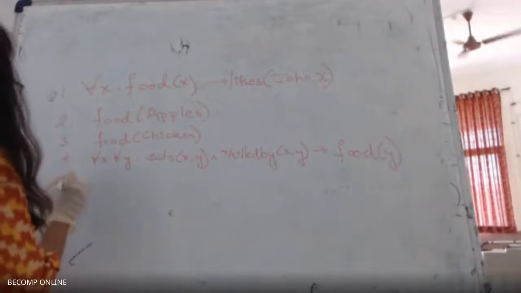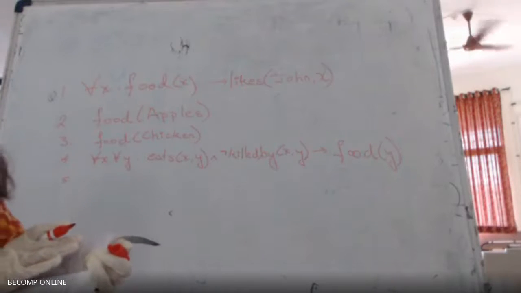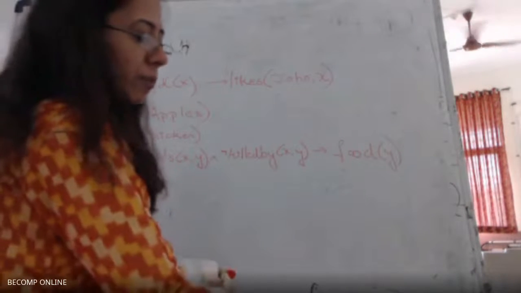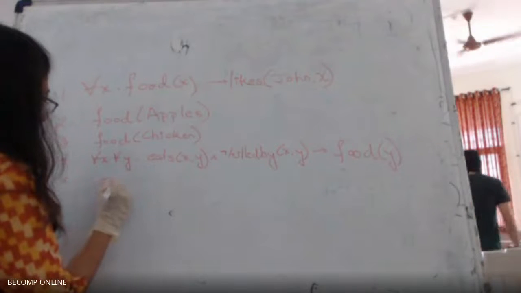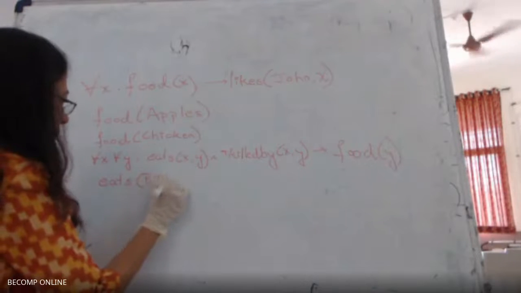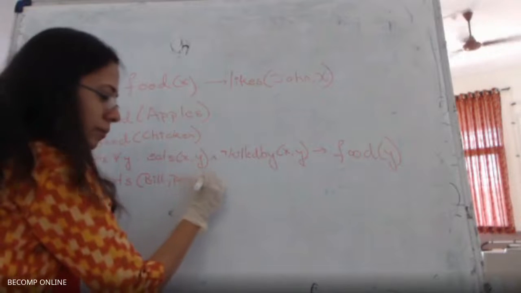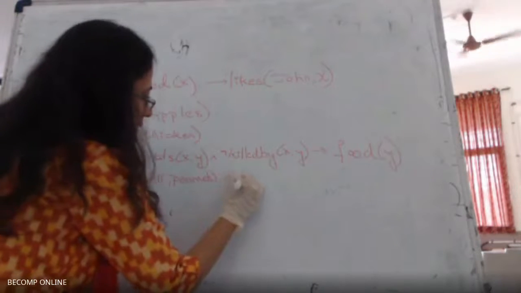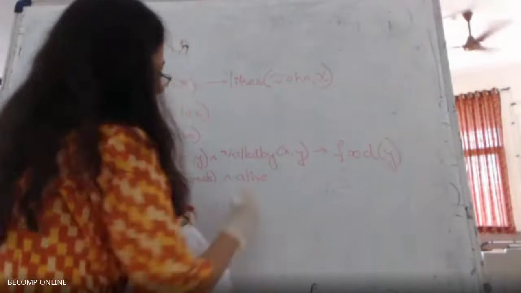Now the fifth fact that is there is Bill eats peanuts and is still alive. Bill eats peanuts and is still alive. So this is represented as eats Bill, comma, peanuts, and, can I use this?